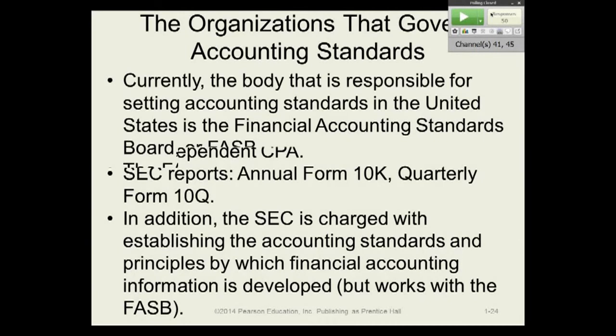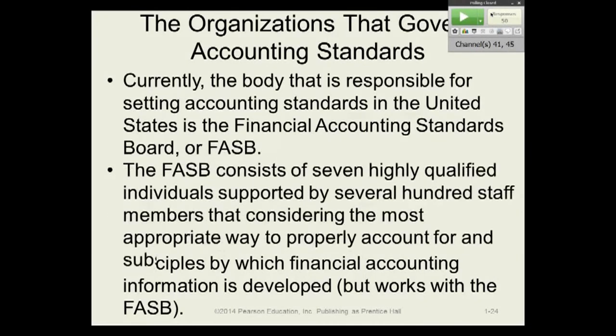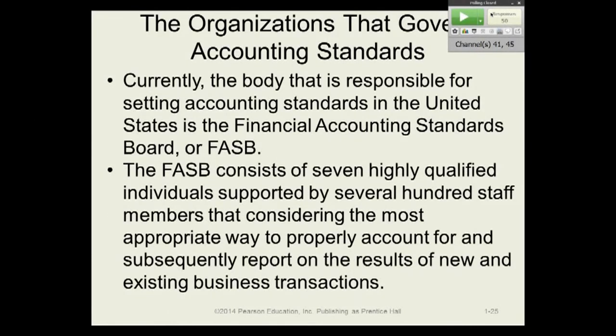They work with the SEC. The SEC will oversee rules that are used for publicly traded companies, but don't forget the FASB is going to handle both public and private companies. So there could be some differences there.